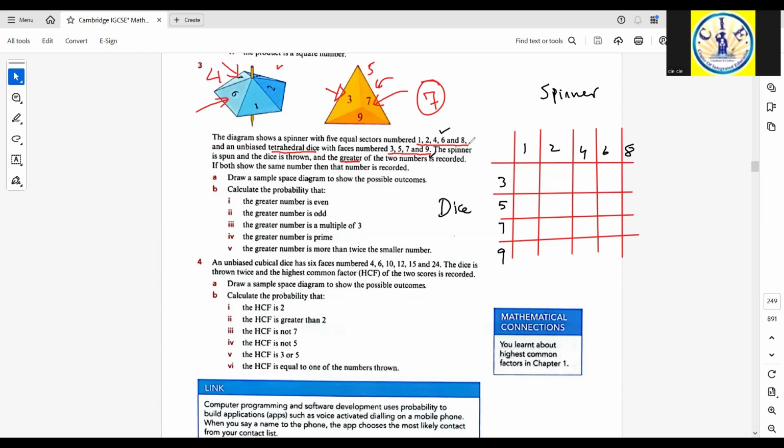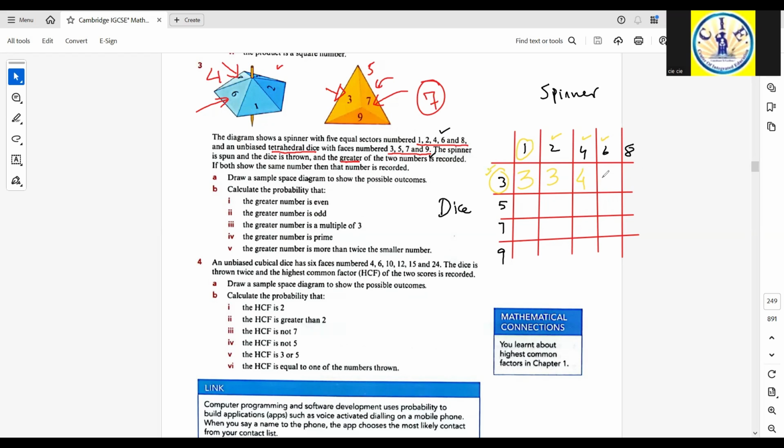Let's see. When there is 1 and 3 from the dice, the largest is going to be recorded as 3. When spinner is showing 2 and dice is showing 3, we are again going to note the greater one, which is 3. For 4 and 3, we are going to record 4.